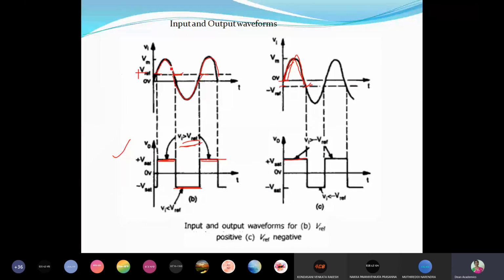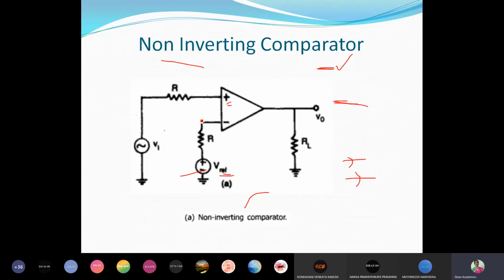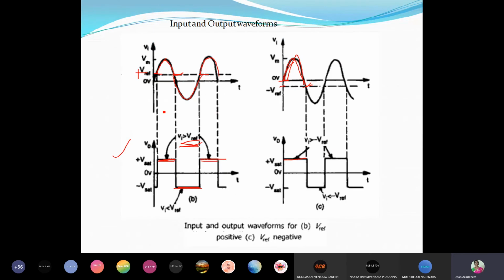When Vin is greater than V reference, then output will remain at plus Vsat. If Vin is less than this reference voltage, output will be minus Vsat. Like that, the output will be changing from plus Vsat to minus Vsat only. In-between values will not be there because of the very high gain of the amplifier.